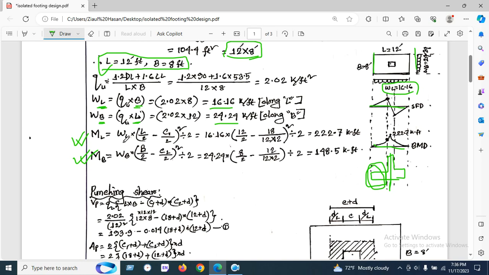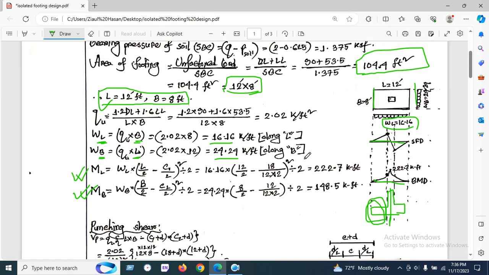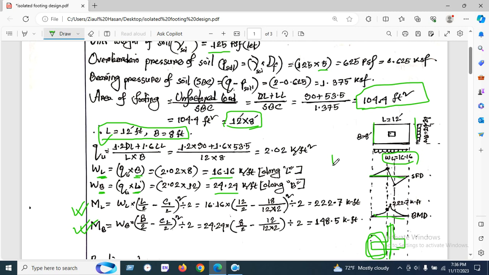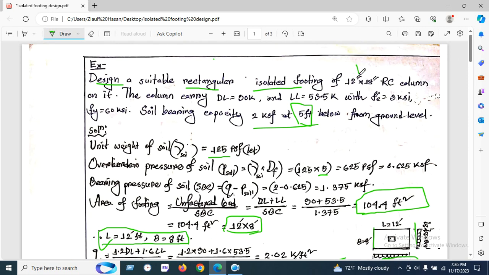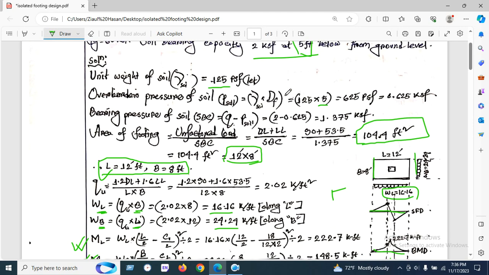So ML will be wL times (L by 2 minus C by 2) squared divided by 2. On the other hand, here we call C1, C2, as there are two faces in the column. We have already shown here a 12 by 18. Here C1 is 12 and C2 is 18, or C1 18, C2 12. This doesn't matter.